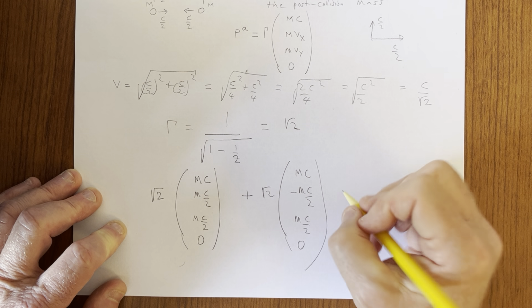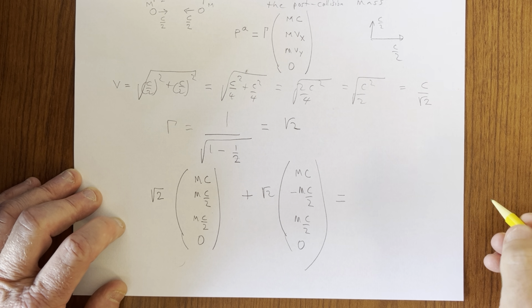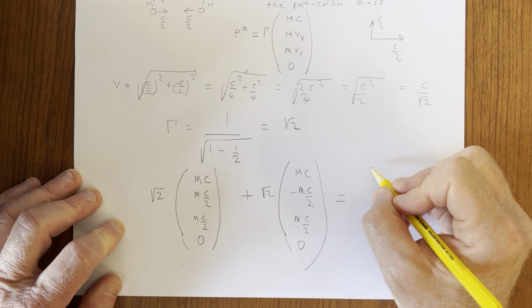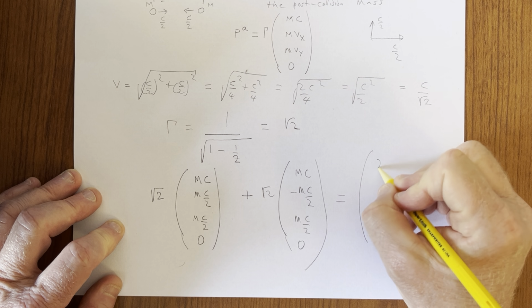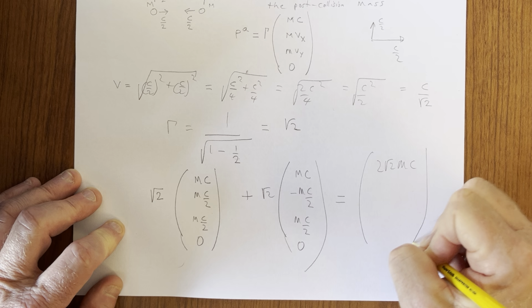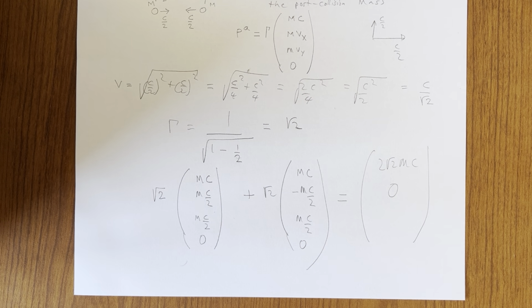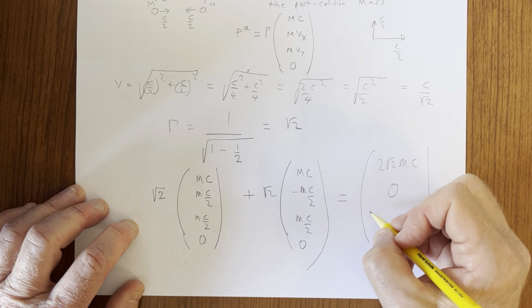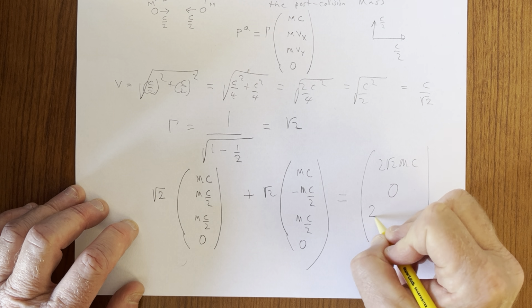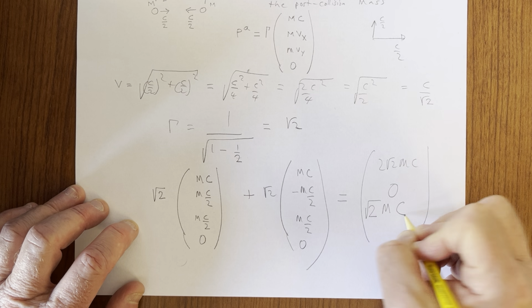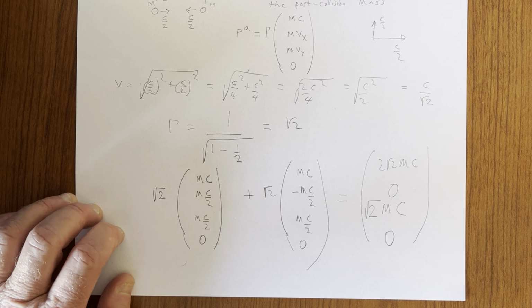We add these two together to get a net 4-momentum equal to 2 root 2 mc. These two add up to 0. The y component adds up to root 2 mc, and then we have 0.